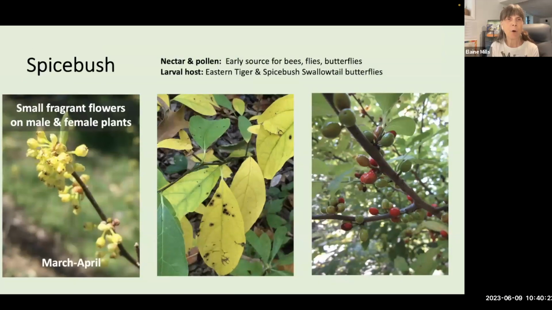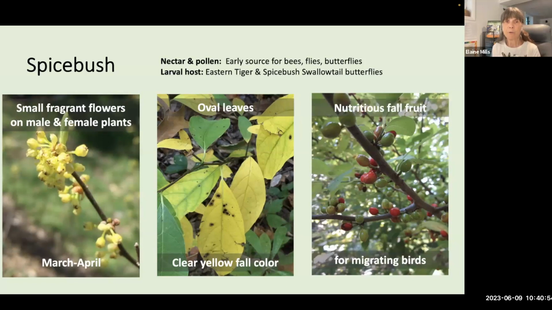Spice bush has small fragrant flowers. It's a dioecious plant, so you'll see these on separate male and female plants, and they'll appear as early as March on into April, providing early nectar and pollen sources for our bees, flies, and butterflies. It has oval leaves and serves as a larval host for both the eastern tiger and spice bush swallowtail butterflies, and has a lovely clear yellow fall color.